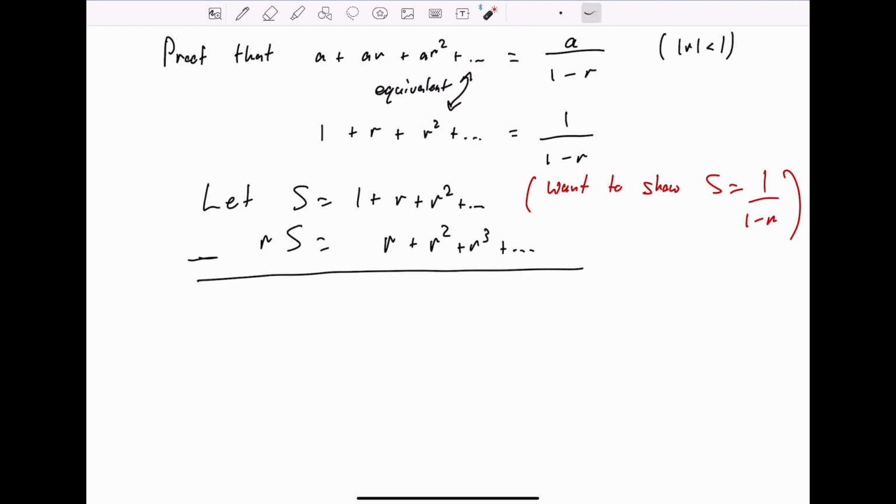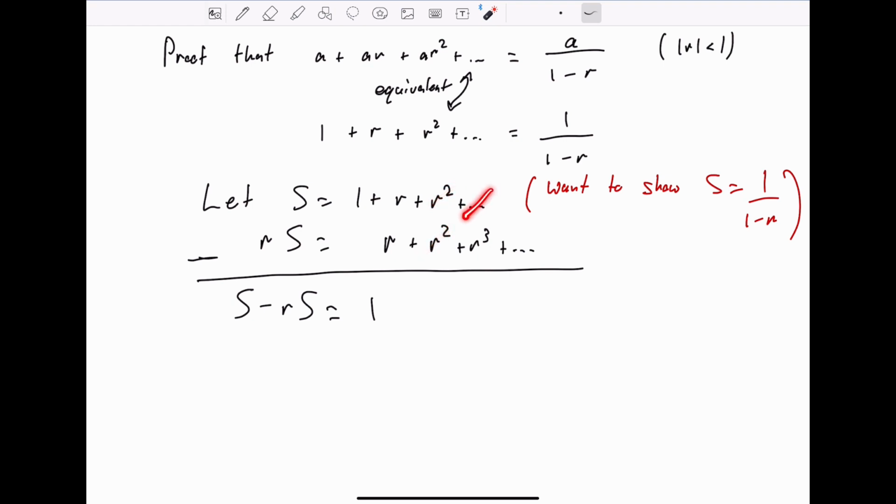So I can imagine taking the left-hand sides here and subtracting those, and taking the right-hand sides, subtracting those. So s minus r times s, that's just s minus rs. I have that on the left-hand side. Now look what happens when we subtract these two sides. I'm going to think of lining these up like this. 1 minus nothing, so that just gives me 1. And then r minus r, those cancel. r squared minus r squared, those cancel.